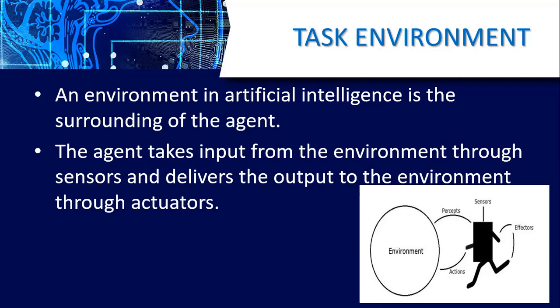Based upon the percept history, it will do a set of actions. The sensors and effectors are available to get the inputs, and based upon the action, the effects are sent back to the agent and observed by the effectors.